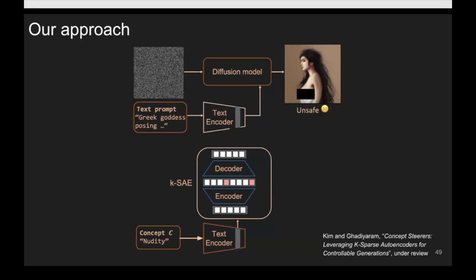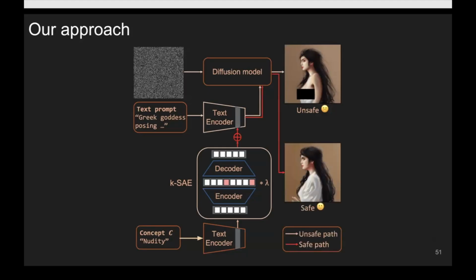Once this is trained, we extract the text representation of a particular concept we want to steer, and extract the intermediate representation from it. If you want to steer away, then we multiply it with a particular steering strength, and just combine it with the text representation of the original prompt.